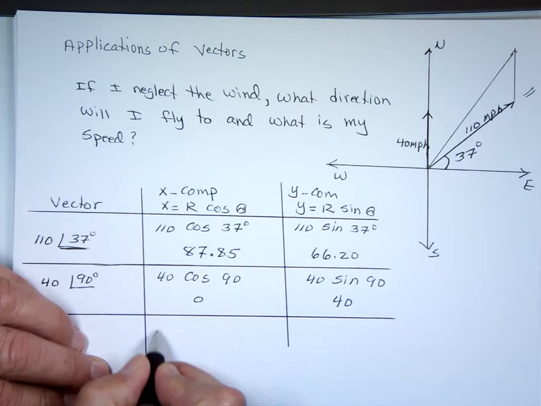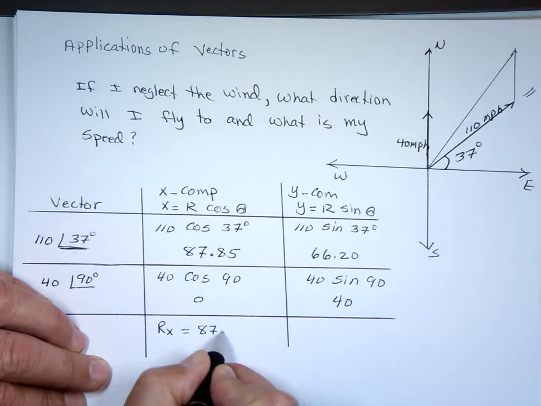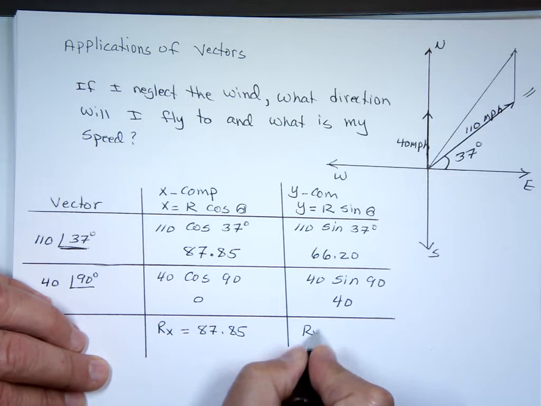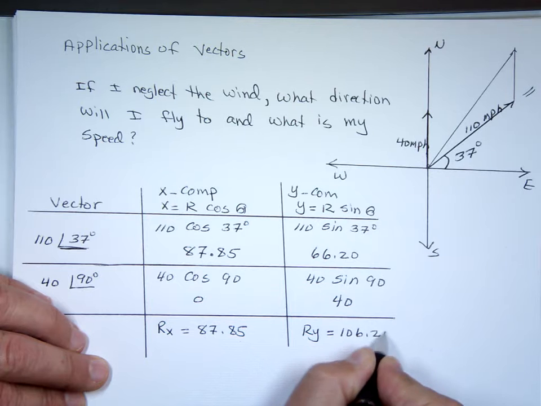So the result in the x direction now is going to be 87.85. The result in the y direction is going to be what? 106.20.